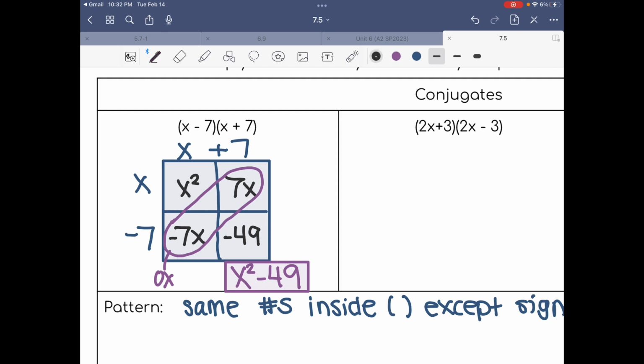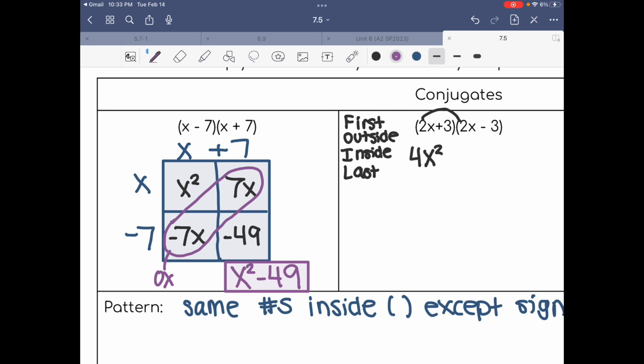Except for this time, I'm going to use the FOIL method. Remember that FOIL stands for first, outside, inside, and last. So for F, first, I multiply the first two in both parentheses. 2x times 2x is 4x squared.